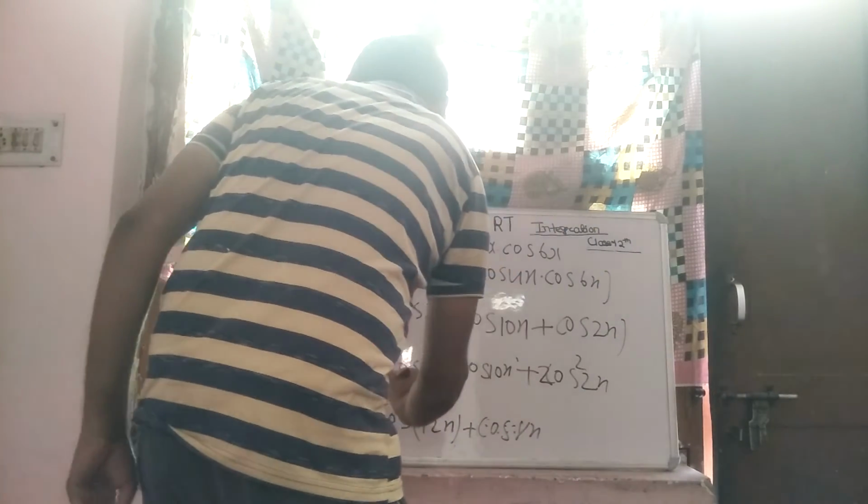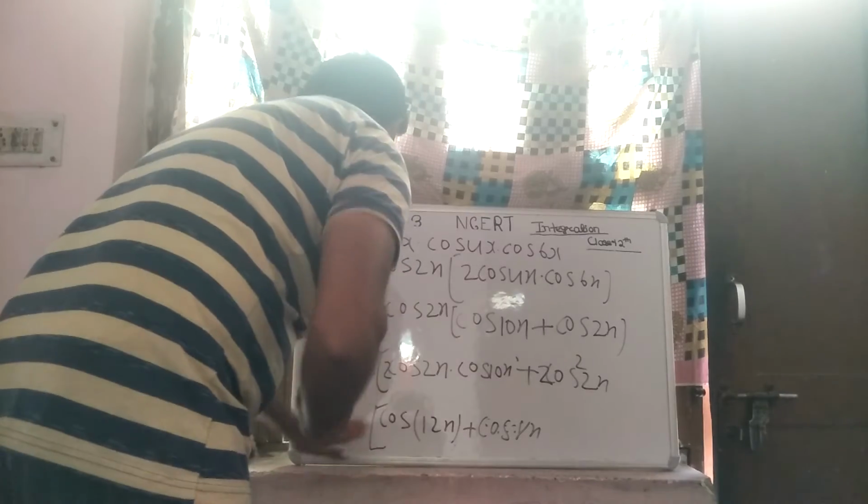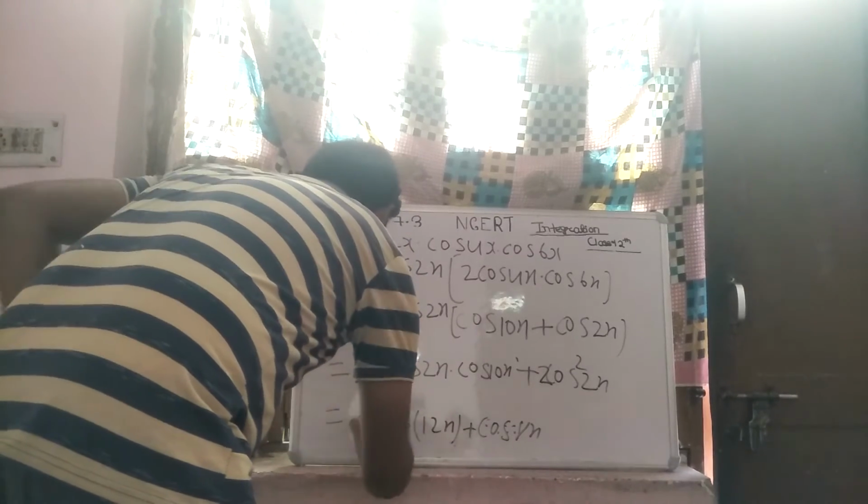We have two terms. Here there is also a 2, and this is also 4, so this is 1 upon 4 times (cos 12x plus cos 8x). The third term is 2 cos square 2x.